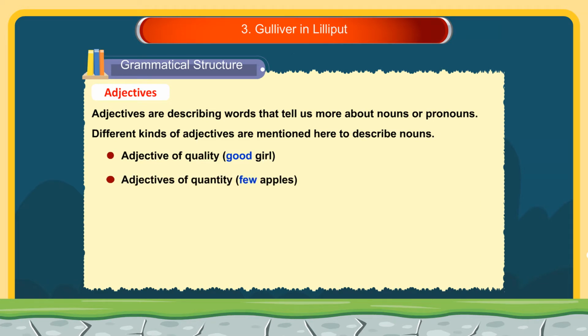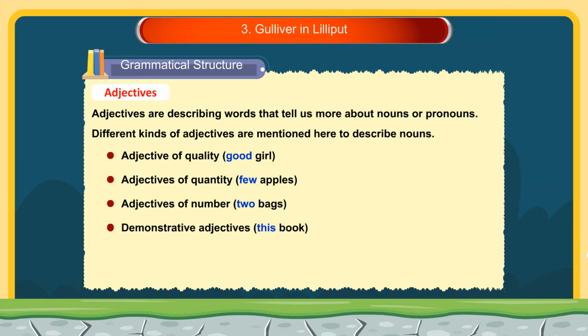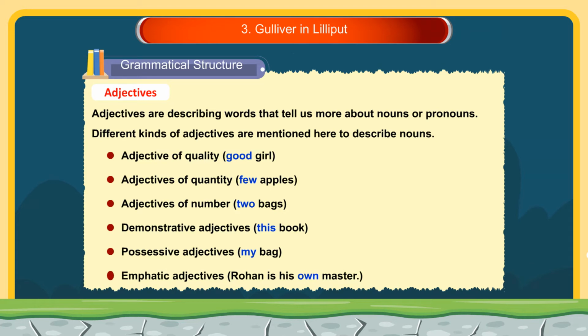Adjectives of quantity: few apples. Adjectives of number: 2 bags. Demonstrative adjectives: this book. Possessive adjectives: my bag. Emphatic adjectives: Rohan is his own master.